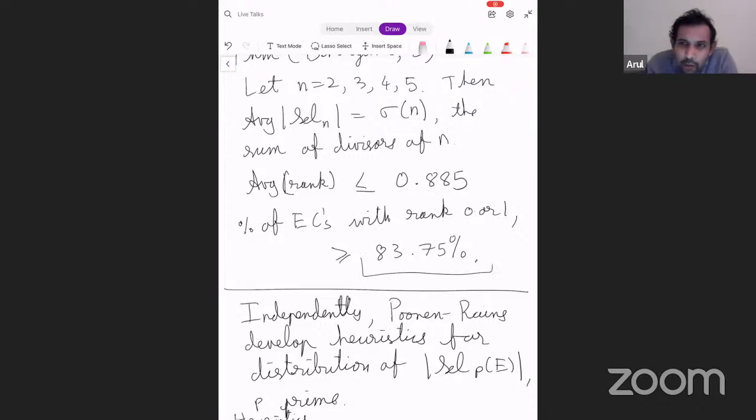In fact, we can prove that around 20% of elliptic curves must have rank 0. If we further assume that Sha is finite, then we can also prove that a similar percentage, something like 15%, of elliptic curves must have rank 1. So there are some very nice applications of assuming that Sha is finite, both on the heuristic modeling end and on proving the existence of elliptic curves that satisfy certain properties.